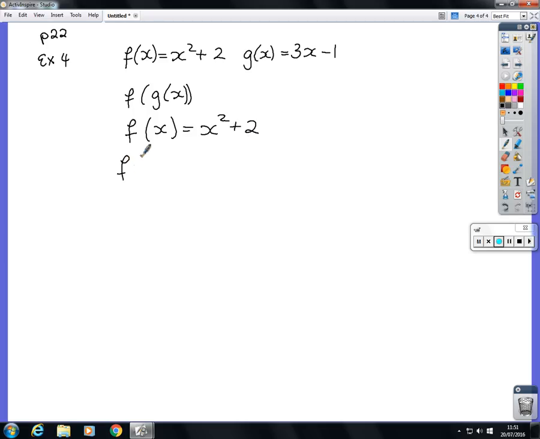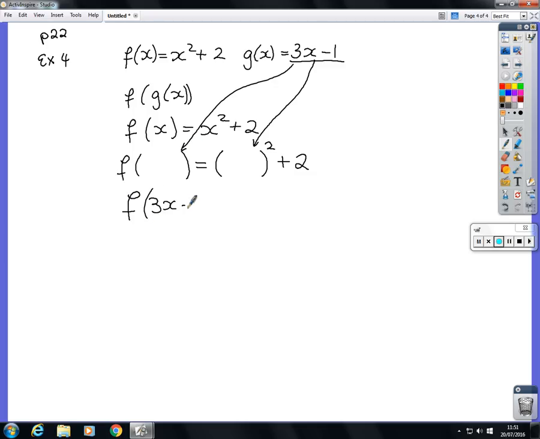Then insert g into the bracket. Also, replace the x with a bracket. So we will insert g into these two positions. 3x subtract 1 goes in these two brackets.